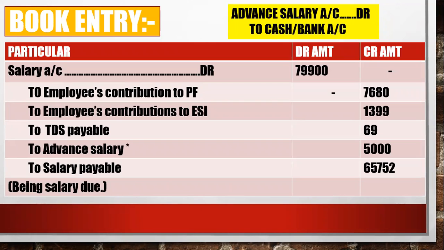So I have debited advance salary account. This is my asset because I have not yet received the services of the employee, and I have paid the salary, so my balance goes down, so cash bank account credited. This will be my first entry: advance salary account debited to cash bank. After that you have to pass this.